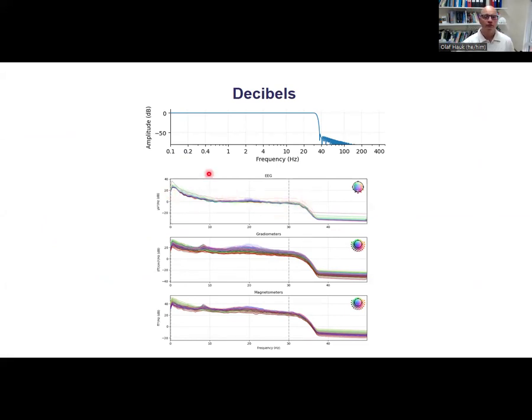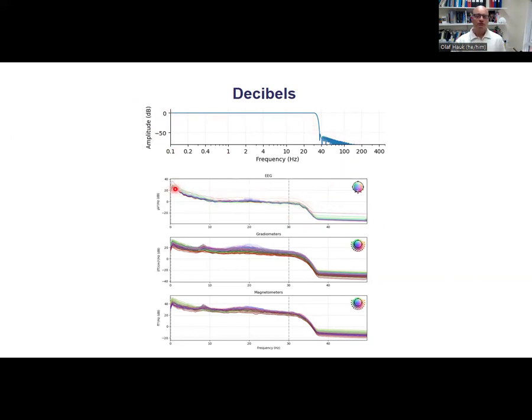Usually frequency spectra have this 1/f characteristic. So they're very large at lower frequencies and then smaller at high frequencies. And that sometimes makes it a bit difficult to compare across frequencies. If you turn this into logarithms and decibels, you usually have frequency spectra that are a bit more flat. So this would be the amplitude of the filter characteristic expressed in decibels.